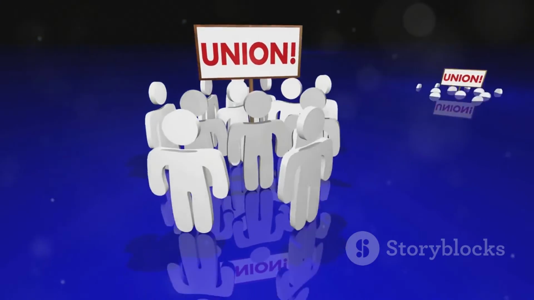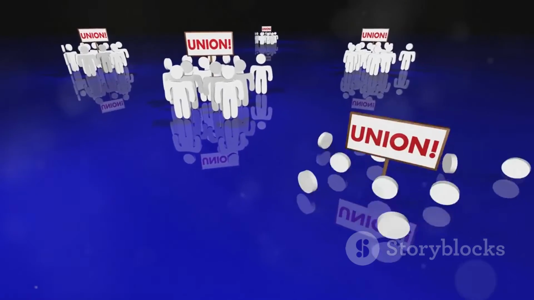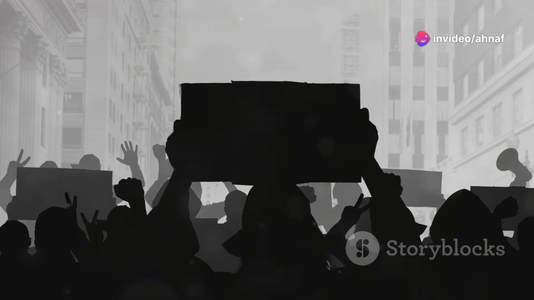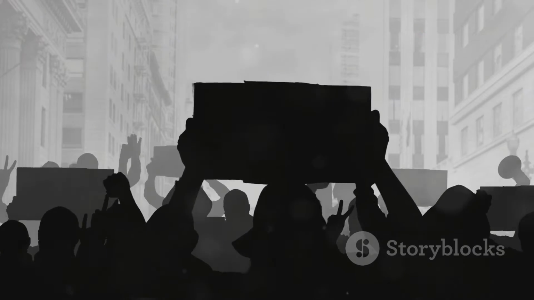These widespread injustices led to growing social unrest and the emergence of labor unions as a powerful force for change. Workers began to organize collectively, demanding better working conditions, fair wages, and strict limits on child labor to protect the youngest and most vulnerable.